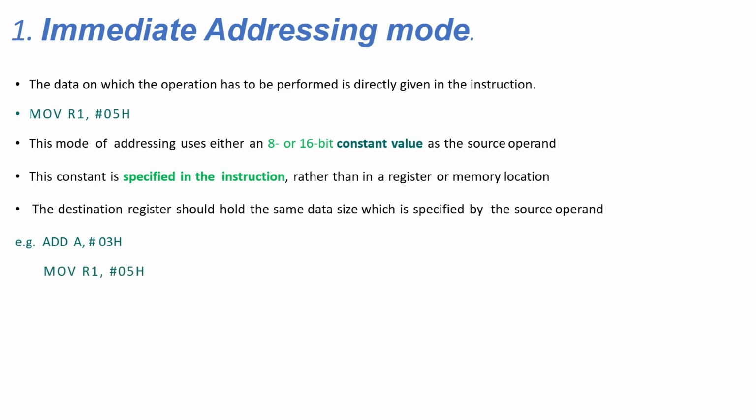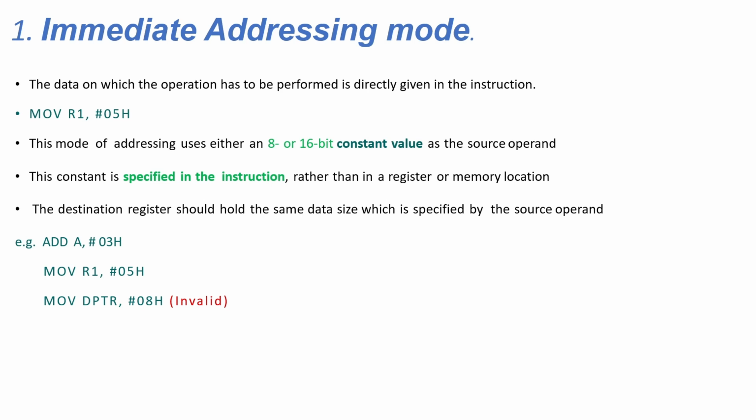MOV R1, #05H. In this, 05H is 8-bit data and register R1 is also an 8-bit register. So this is a valid instruction. But MOV DPTR, #08H is an invalid instruction, because #08 is 8-bit data and DPTR is a 16-bit register.